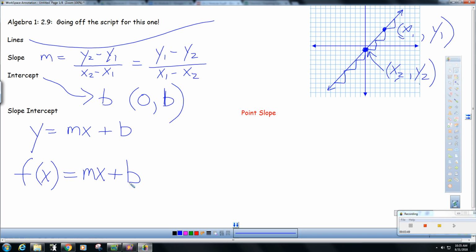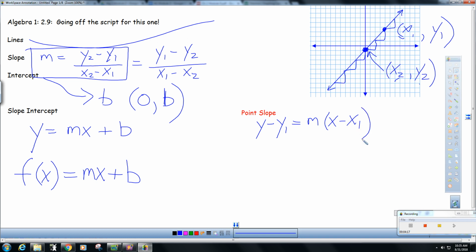Now you're going to learn a new one, and it's point slope. Let me just tell you what point slope is. It's y minus y1 equals m times x minus x1.